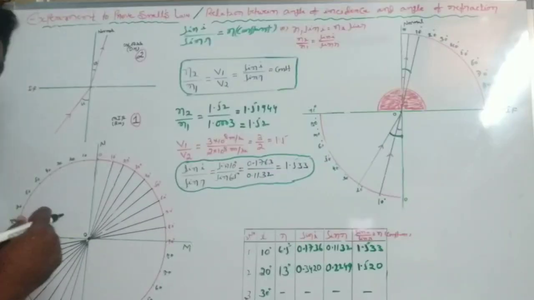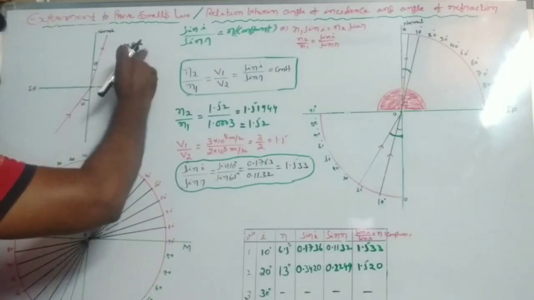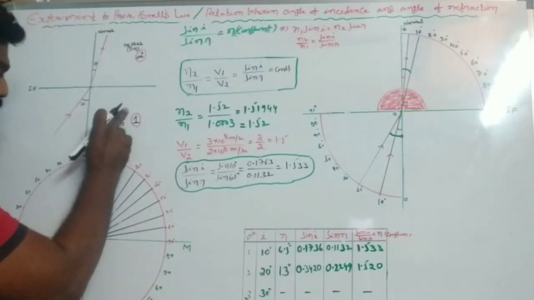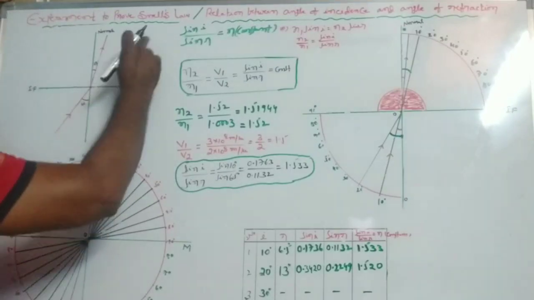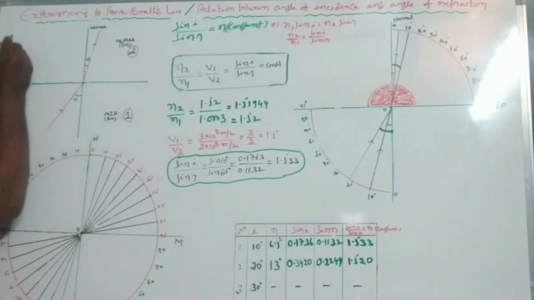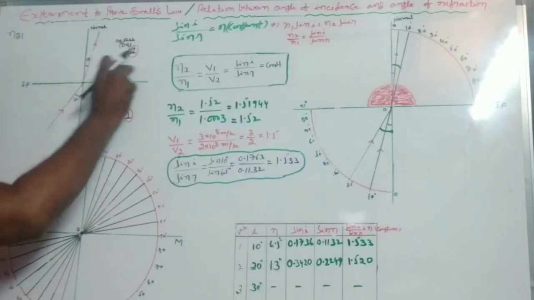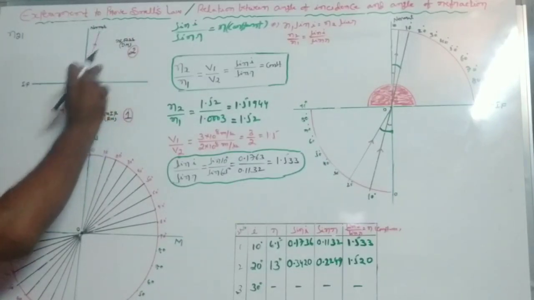So light rays travel from medium 1 to medium 2. Consider medium 1 is air, medium 2 is glass. The refractive index of the second medium with respect to the first medium. What is the second medium? Glass.